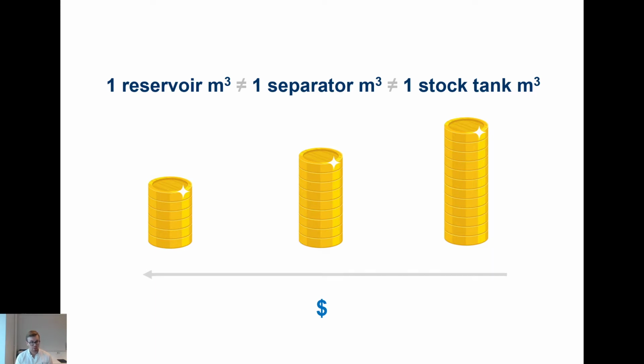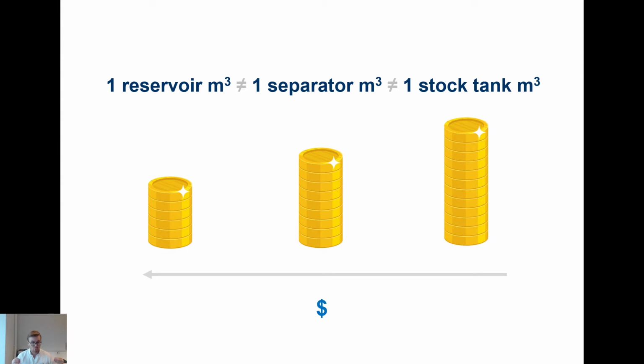You should always be specific: is it one reservoir barrel? Is it one separator barrel? Is it one stock tank barrel? Very, very different things, again in terms of value, in terms of composition, etc. So that's the first learning of the course. Keep that in mind as we go through the different topics here.